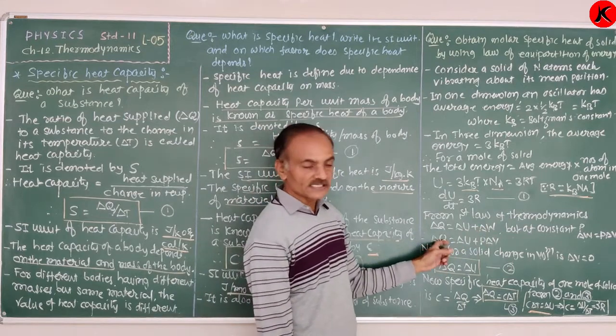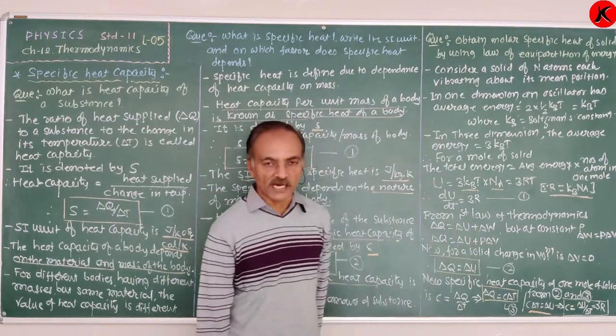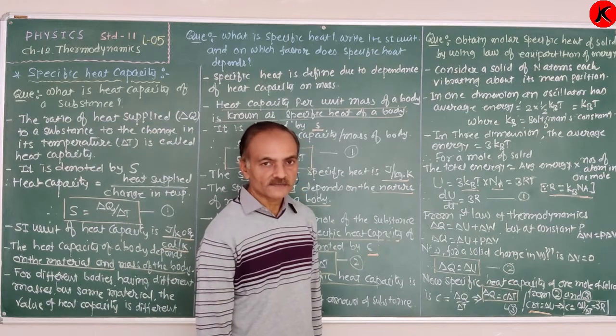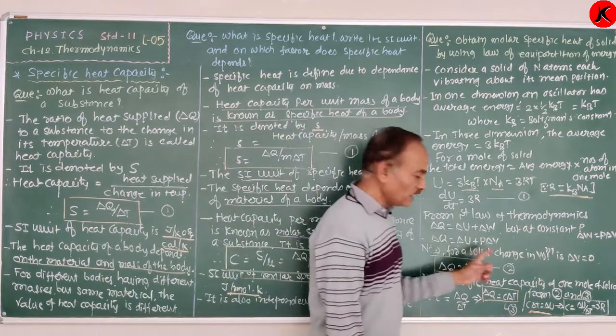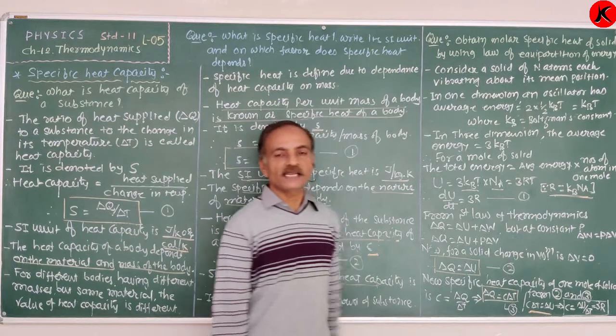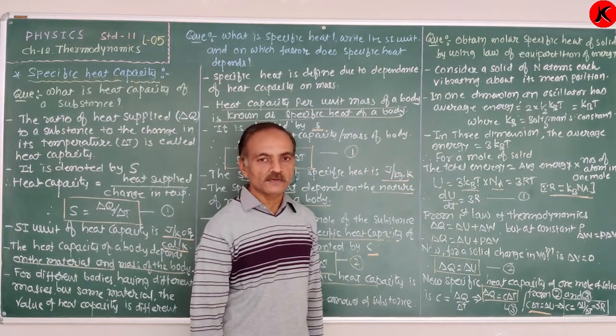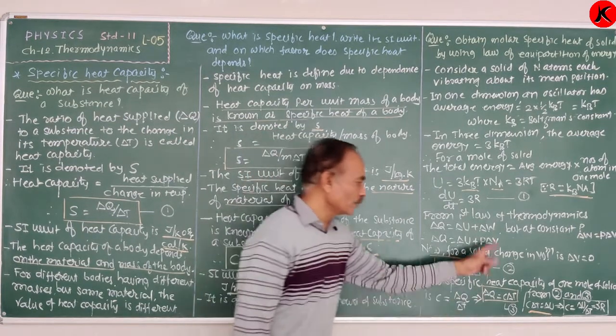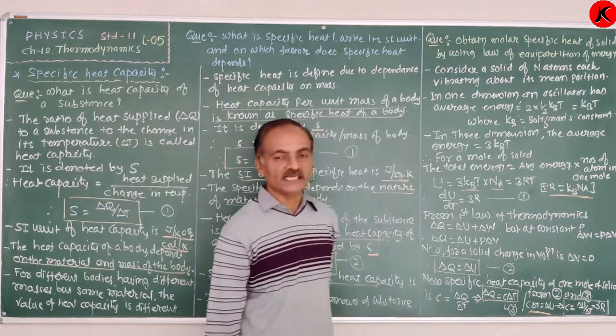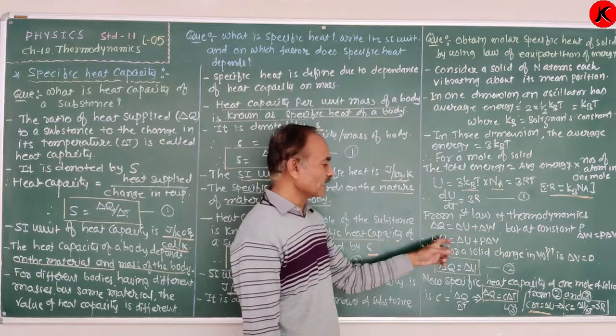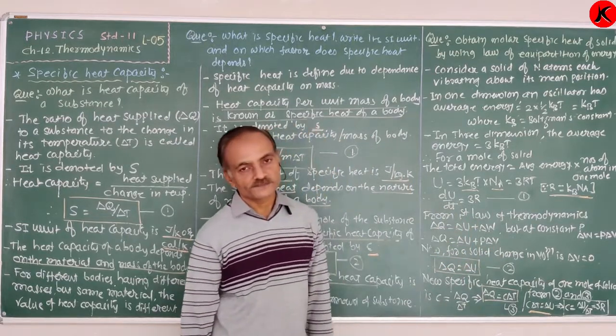Therefore, delta Q is equal to delta U plus P delta V. Okay. Now for a solid, the change in volume delta V is equal to 0. Therefore, delta Q is equal to delta U.